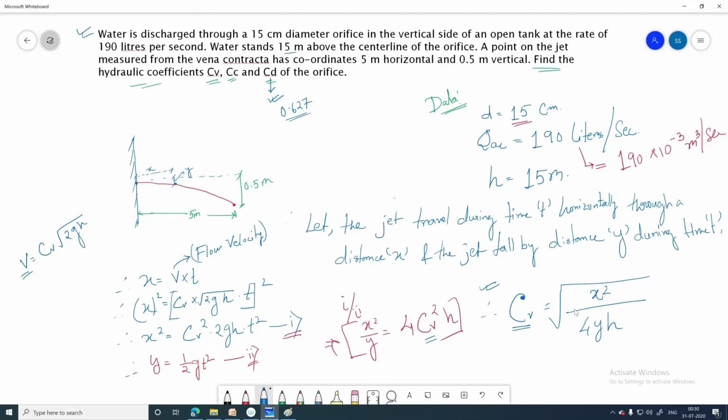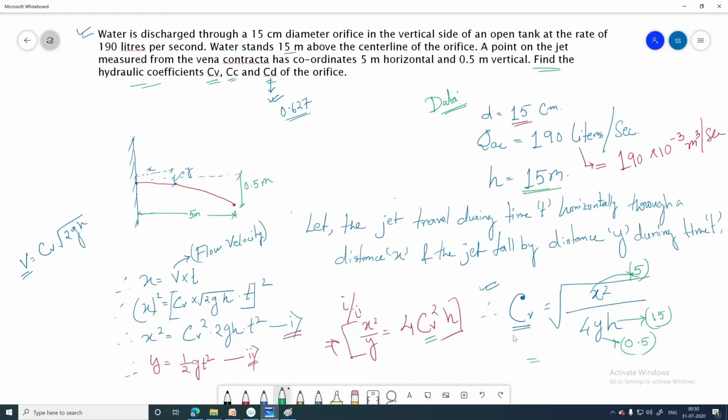So we can directly put the values over here. We know the value of x, the value of y, as well as h. The value of x is 5 meter, the value of h is 15 meter, and the value of y is 0.5 meter.